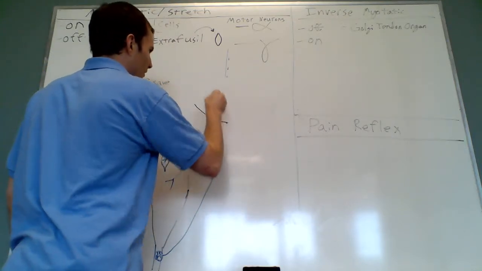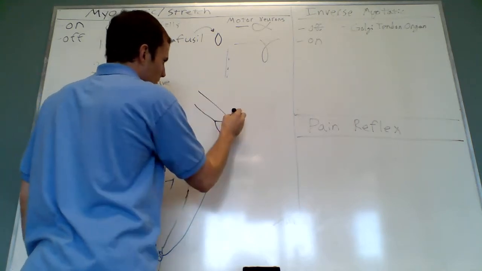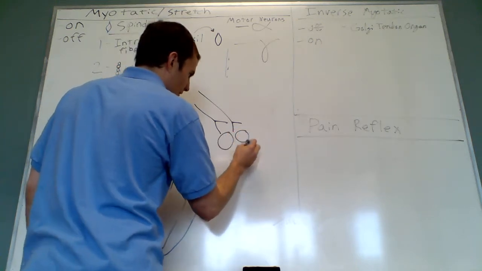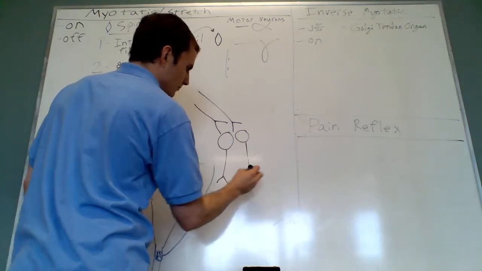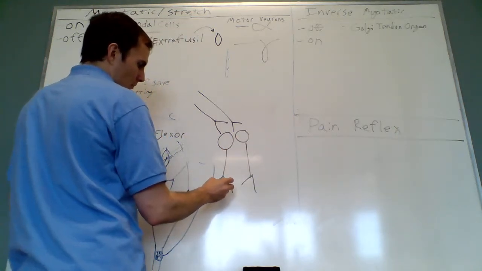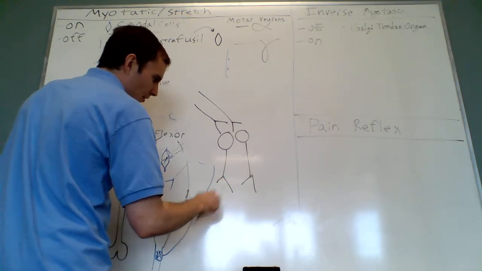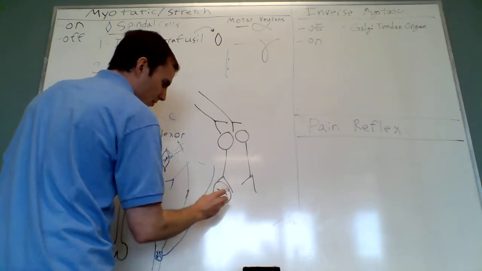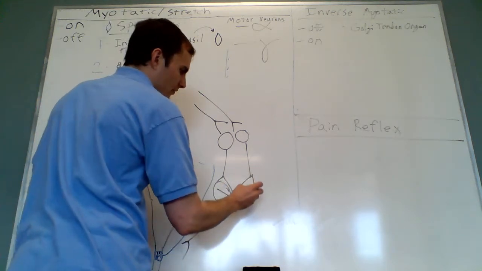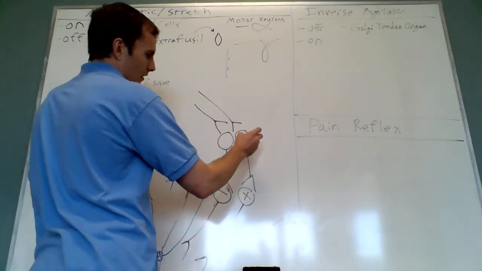Sensory neurons come in, and they talk to interneurons. Those interneurons go ahead and do either negative stimulation of the thing that we want to relax, or positive stimulation of the thing that we want to contract.